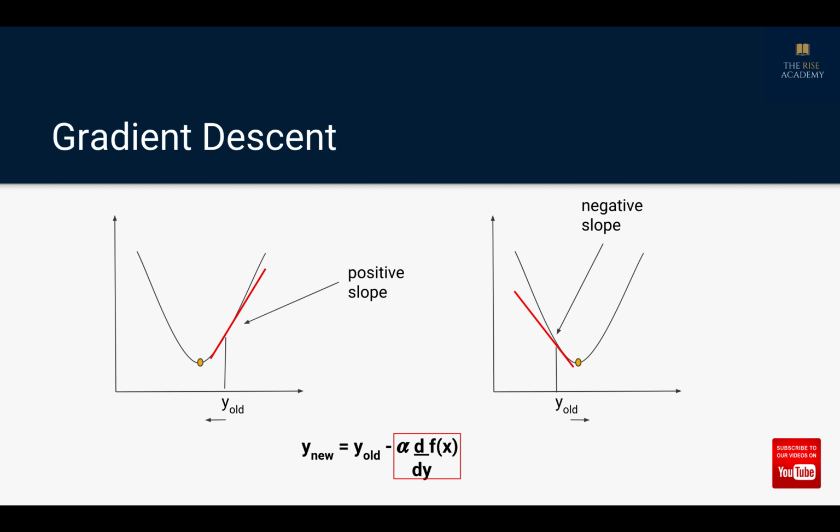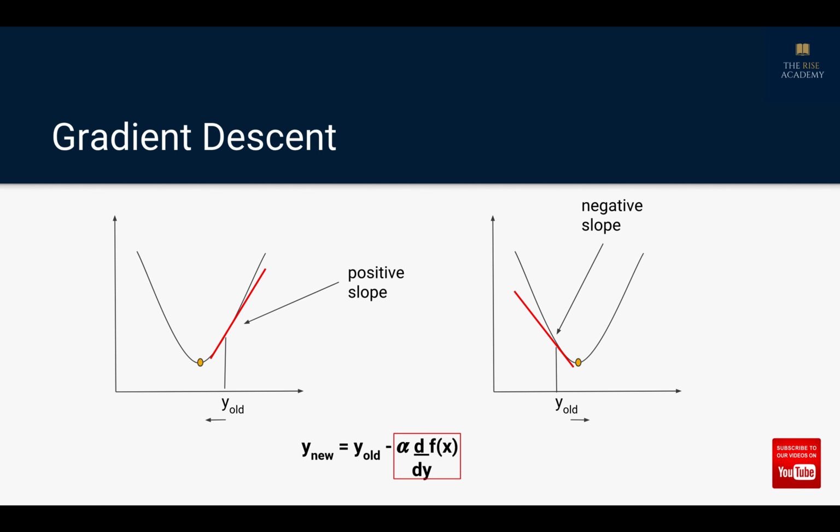It will keep on calculating y, and if it is a positive slope, it will subtract that slope multiplied by the learning rate. If it is a negative slope, it will add it, and then it will keep on moving in the direction of the minimum point till it finds it.